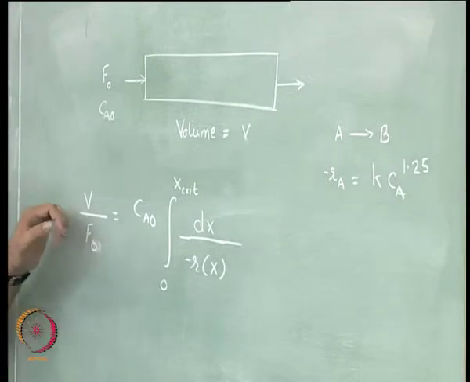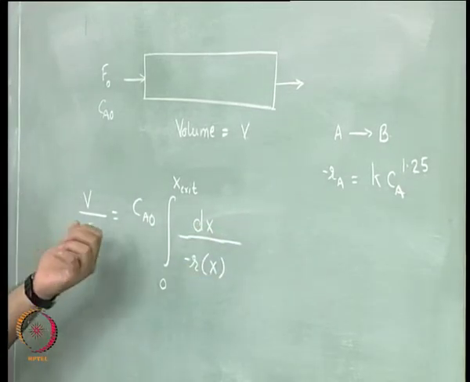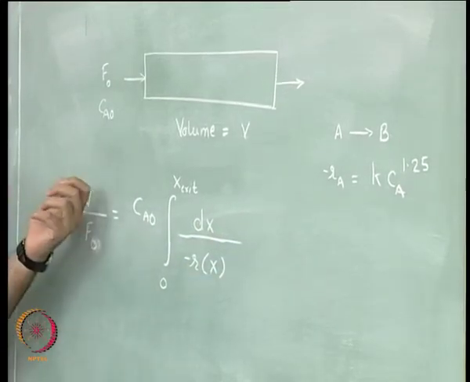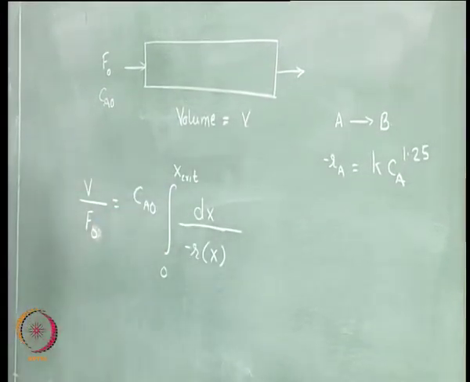Okay. This is the expression that we get for doing this to find the volume of the PFR that will give a desired exit concentration.